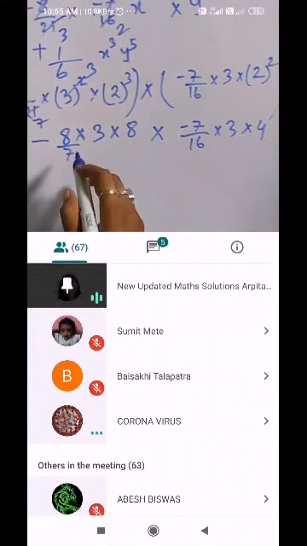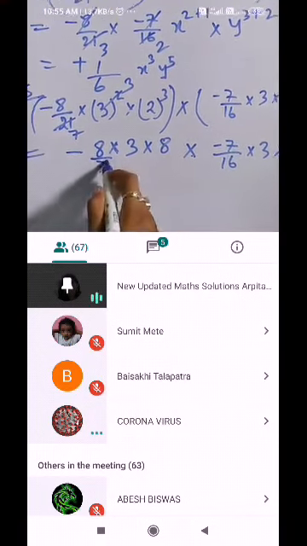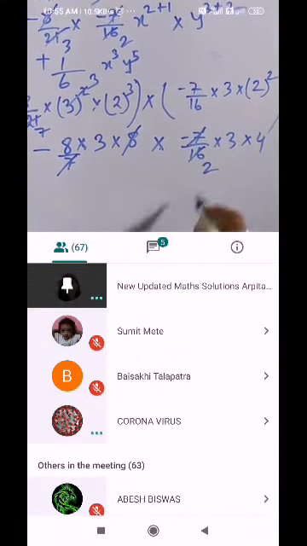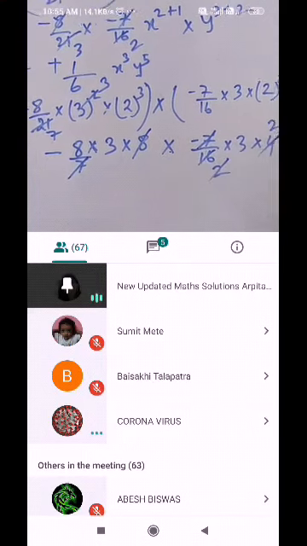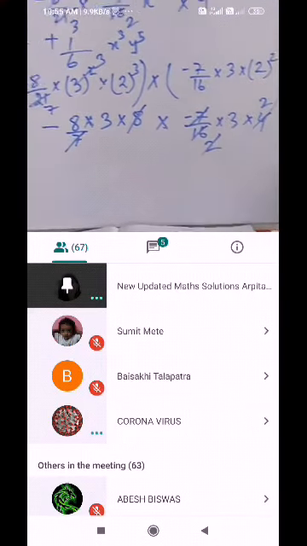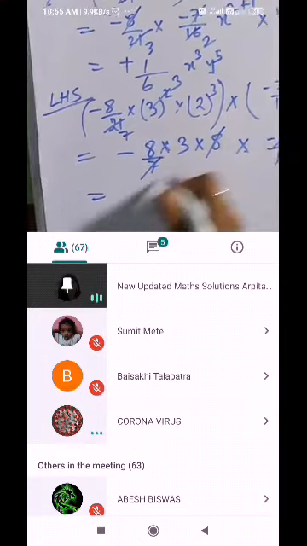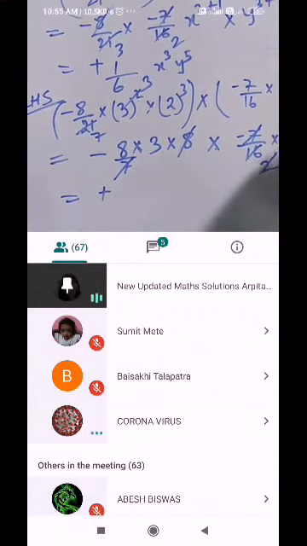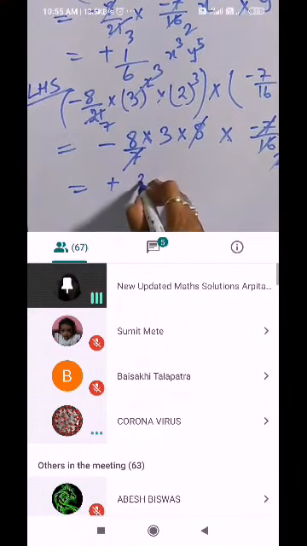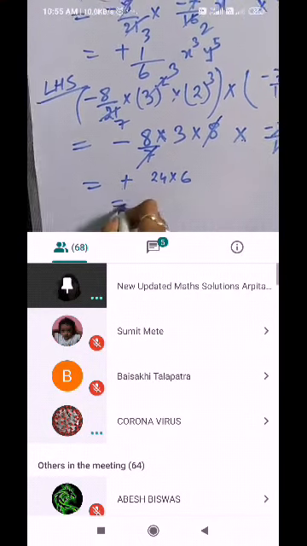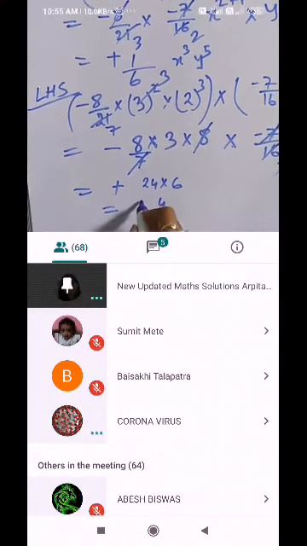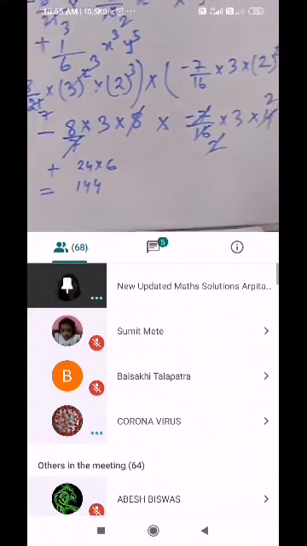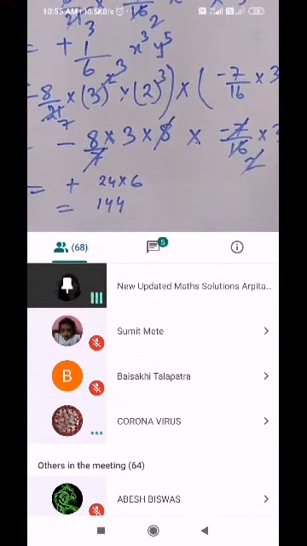So we can cut, here is also a multiplication sign. 7 and 7 can be cut. 8 2s are 16. Then 2 to the 4. After that minus minus will be plus. 8 3s are 24, 3 2s are 6. 24 into 6 is 144. Right? This we get from LHS.